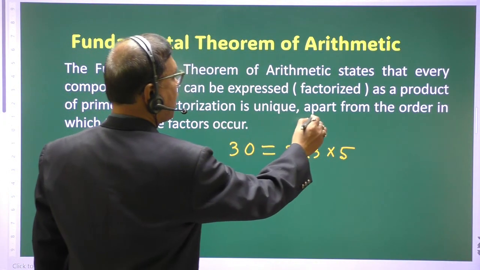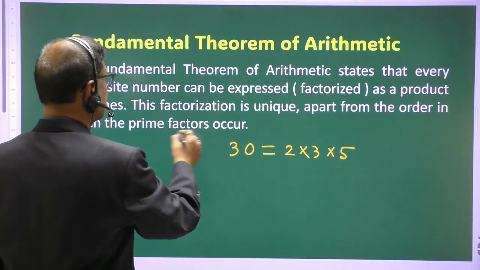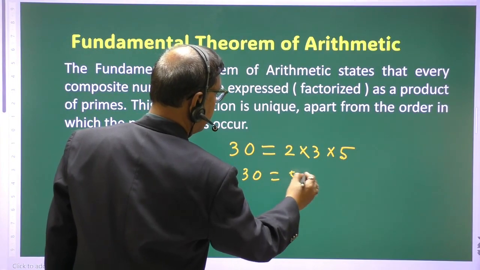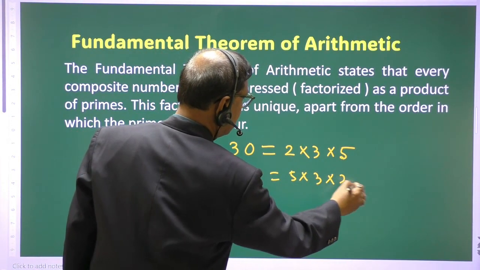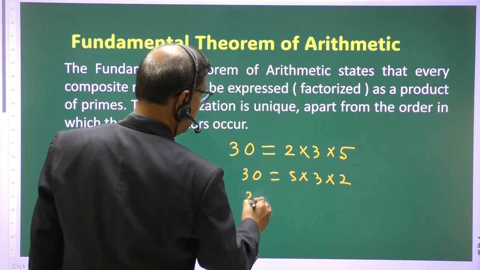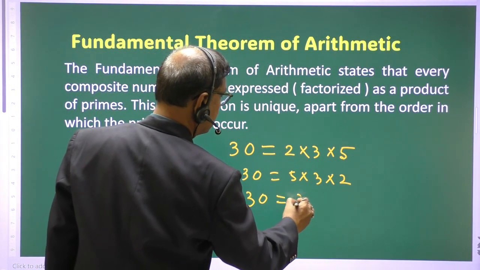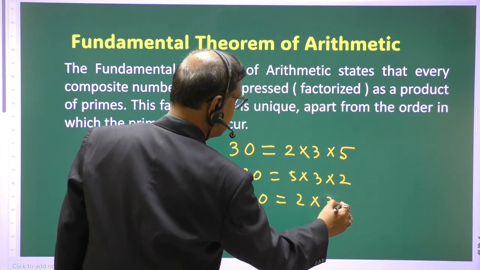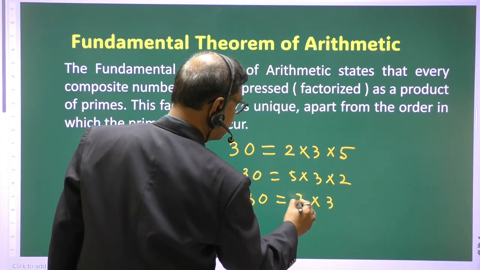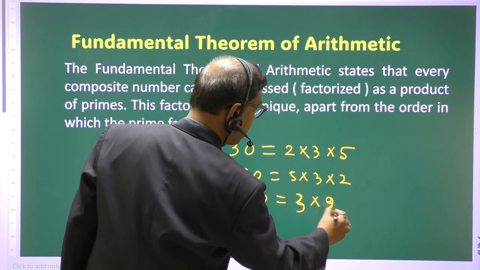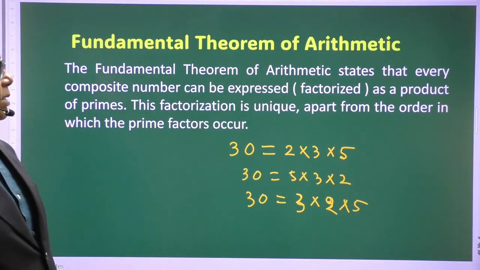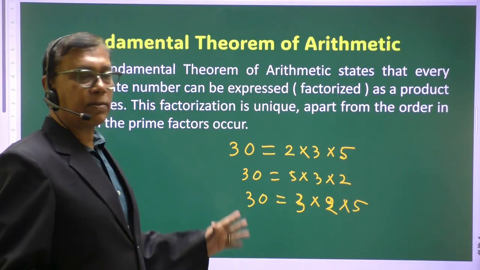This factorization is unique apart from the order in which the prime factors occur. That means if anyone writes 5 into 3 into 2, that is the same as this. If other students write 2 into 3 into 5, or 3 into 2 into 5, then it is also okay. That means the order does not matter here.